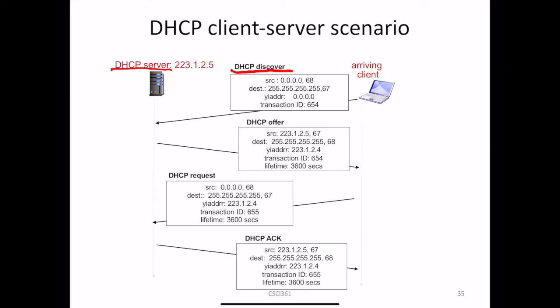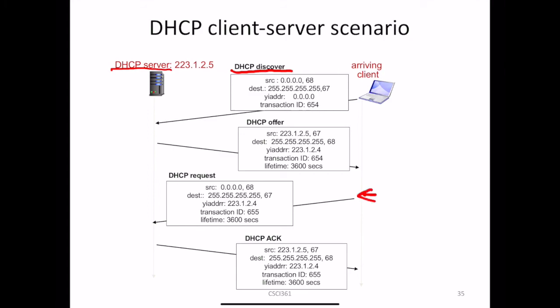Right? And then when the arriving client receives this DHCP offer, it already knows the IP address of this DHCP server. But why does the arriving client still send a DHCP request through the broadcast way? Why are they doing that? Because in this network, there may be more than one DHCP server.